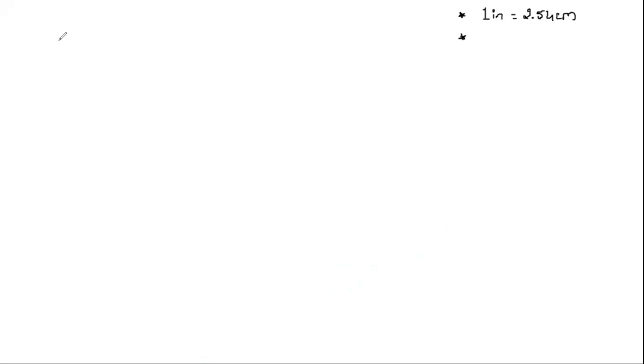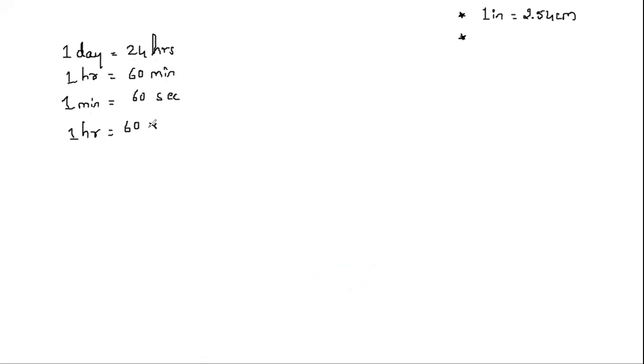How many seconds? We know that 1 day is equal to 24 hours. Then 1 hour is equal to 60 minutes. 1 minute is equal to 60 seconds, or 1 hour is equal to 60 into 60 seconds. All these things we know.